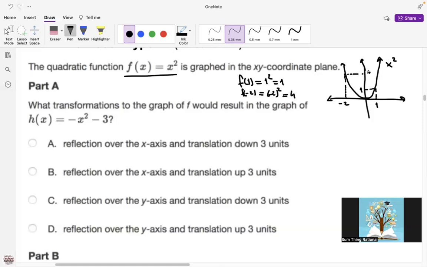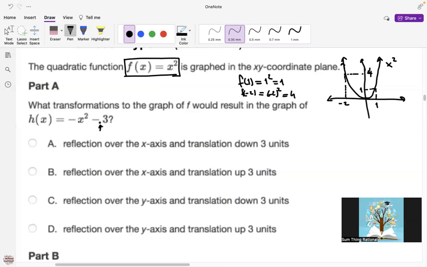As we see here, this parabola is facing upward, okay? As we know, this is the primitive graph of the quadratic function f of x equals x squared. When we put negative x squared here, I'm trying to obtain another function, starting with negative x squared, and negative 3 I will consider later, okay?